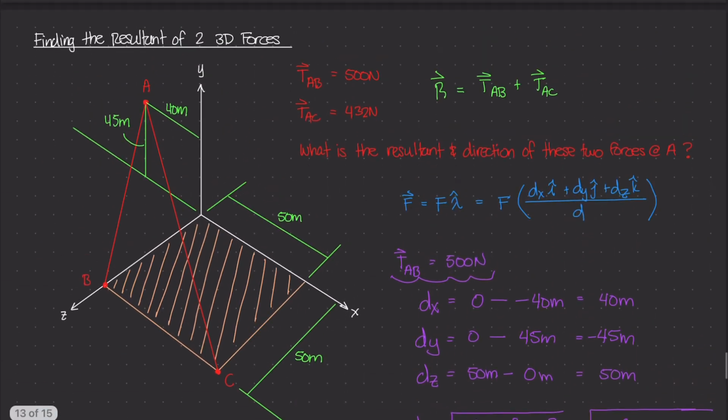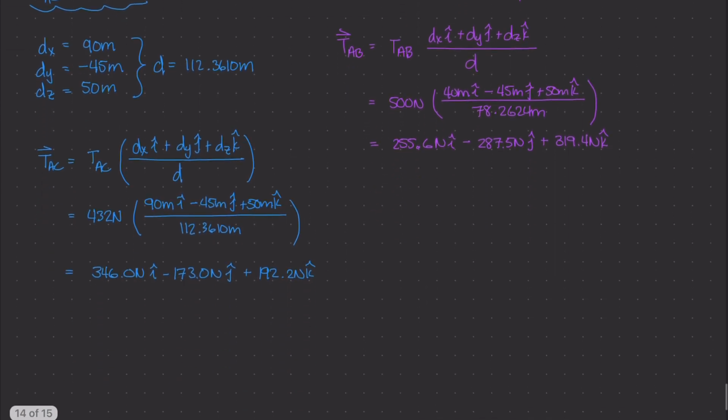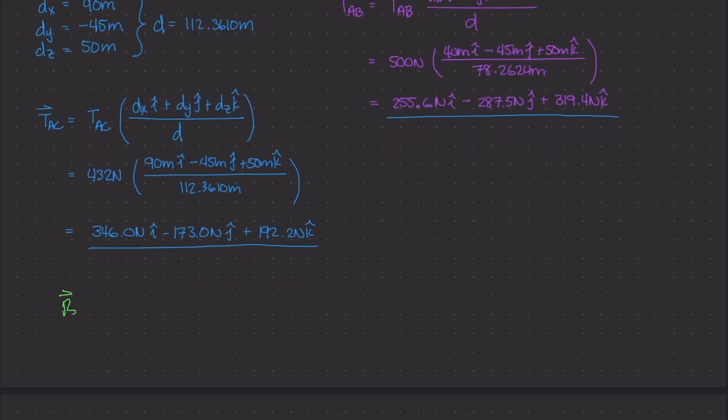Okay, now that we know the three different components for both of these forces, we can use this equation right here, R equals TAB plus TAC, to figure out what our resultant vector is going to be. So that's as easy as summing TAB right here plus TAC right here with like components. So resultant force is really TAB plus TAC. Now, if I add those together, I get these three components right here.